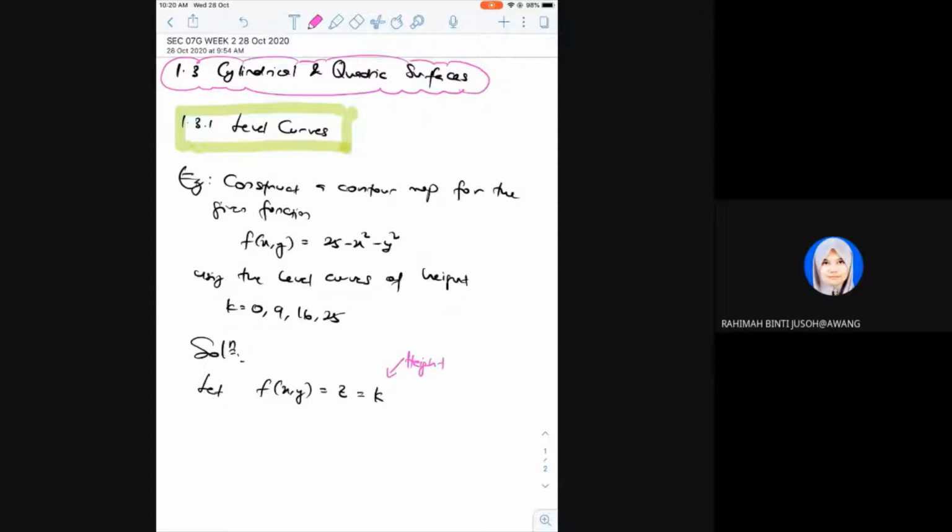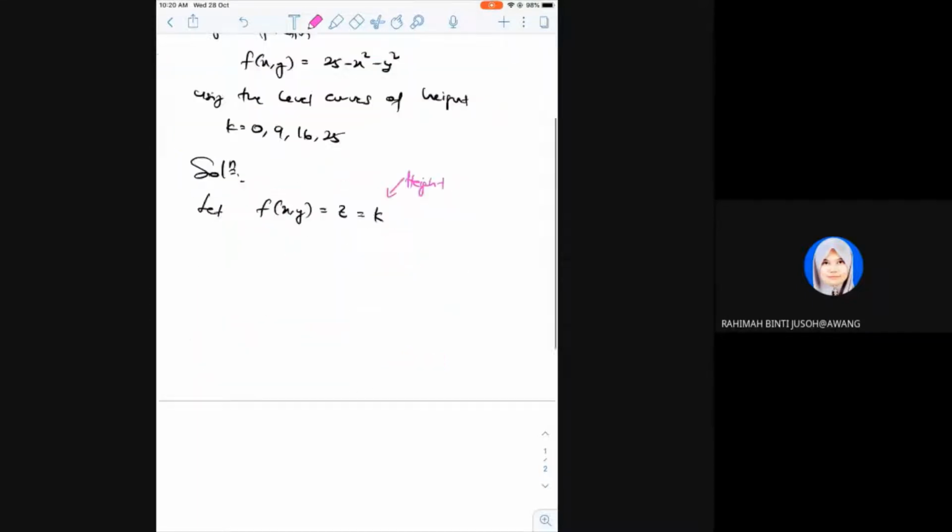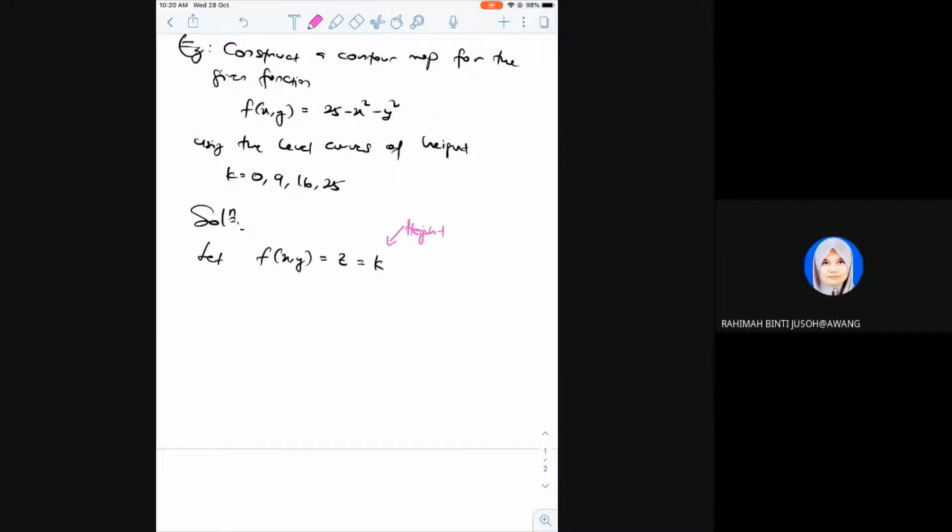Because k is representing the z-axis, so of course k is height. After we assume f(x,y) equals to k, then we can rewrite our equation as this. k equals to 25 minus x squared minus y squared. So we will have x squared plus y squared equals to 25 minus k.